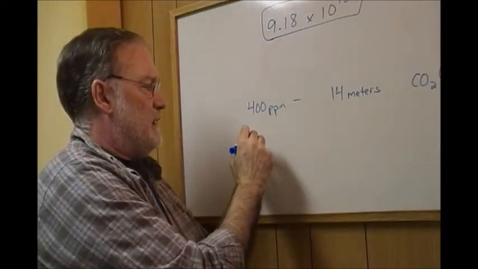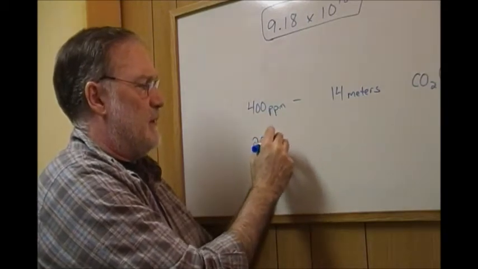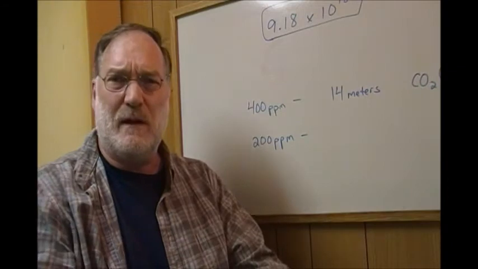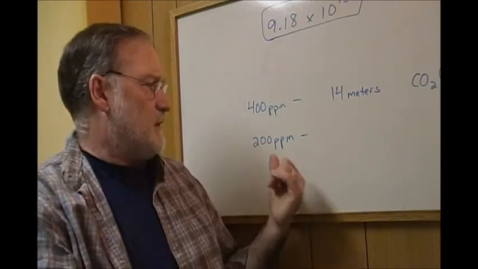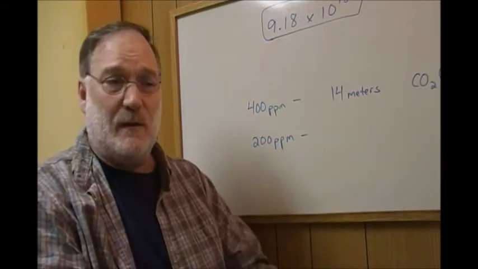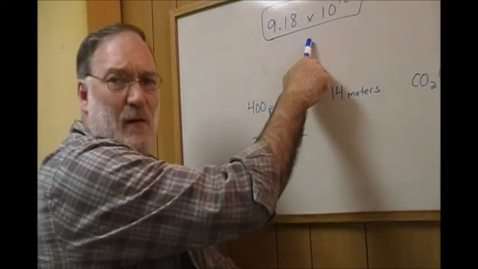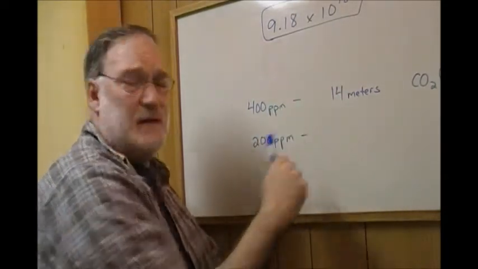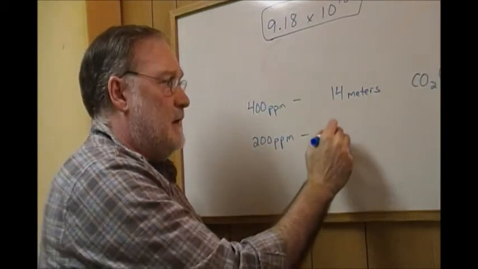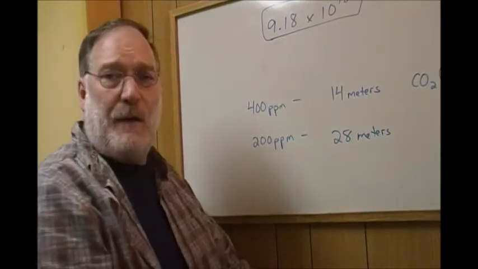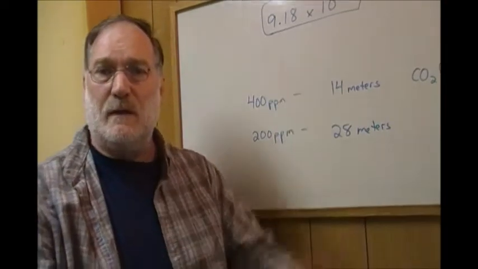If you go back to pre-industrial times, 200 parts per million, which is a little bit below pre-industrial. Pre-industrial is about 280. So at 200, let's go to 200 parts per million. The same number of molecules will absorb the same amount of radiation in 28 meters. First 28 meters off the ground.